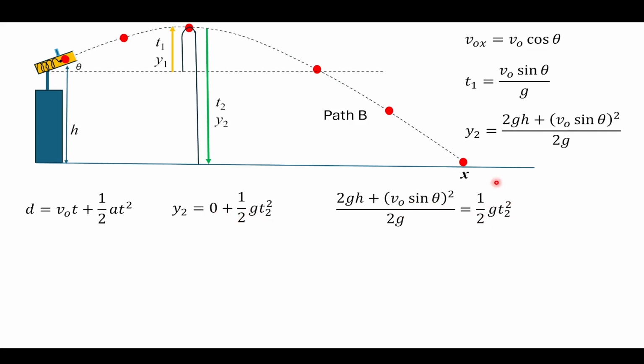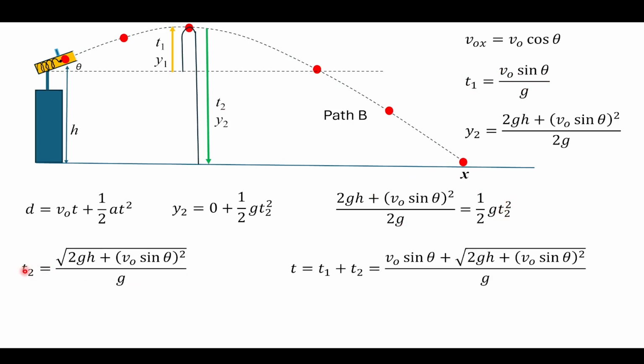Again, a reminder, what I am after, I want to find the time the ball is in the air. That would be t1 plus t2. We already found t1 in the previous slide, which is this. So now I need to find t2. Well, now I have this equation, so I'm going to solve for t2. So t2 will be, 2 will cancel this 2, the g will come here, g squared, and we take the square root of this to get t2 here.